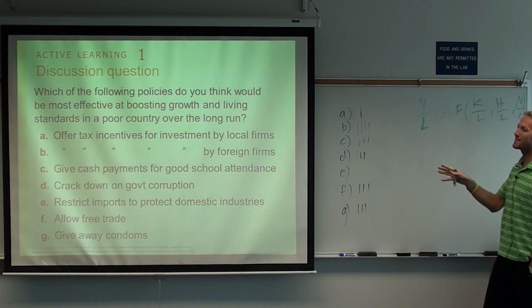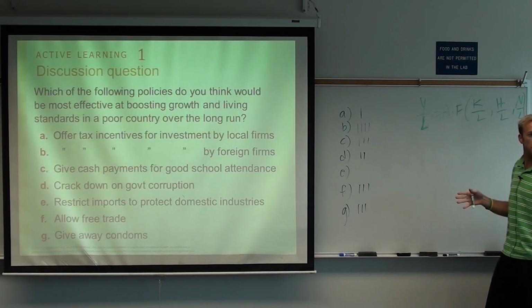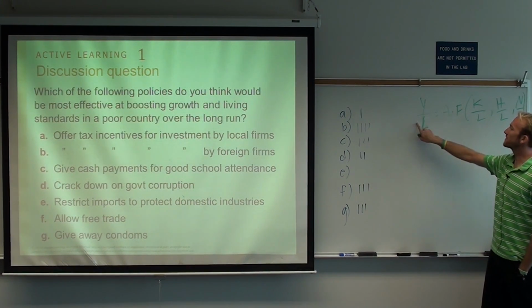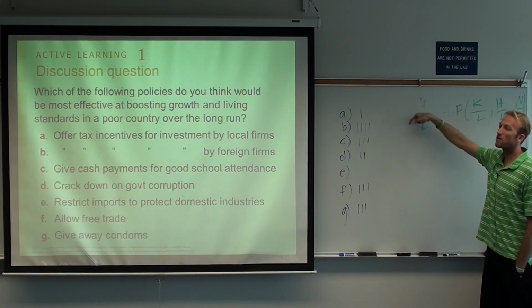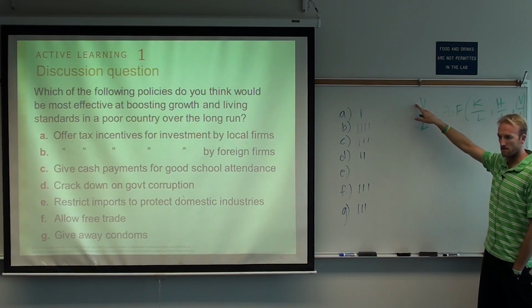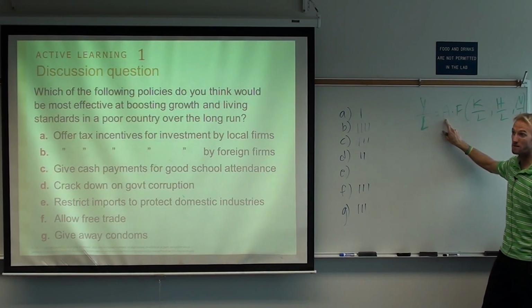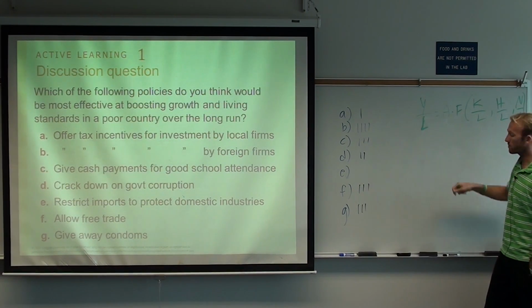So we'll see in a couple slides that it's unclear what a high birth rate does to Y over L, because if L goes up, if you have more population, then what happens to this number? It goes down, right? But Y goes up because there's more people making stuff, right? You might have technology go up because there's more people who are researching, right? So it's kind of unclear exactly what population growth does.